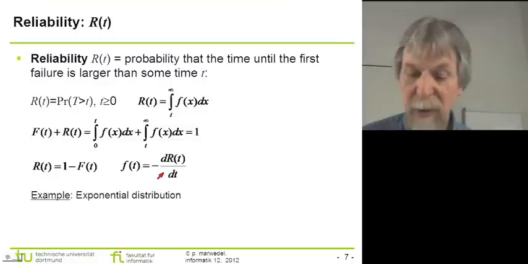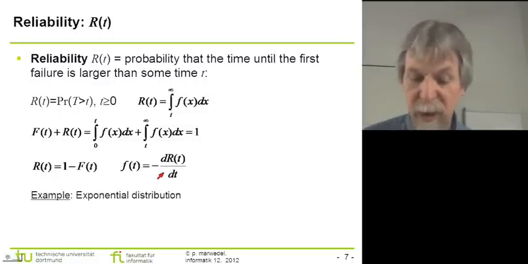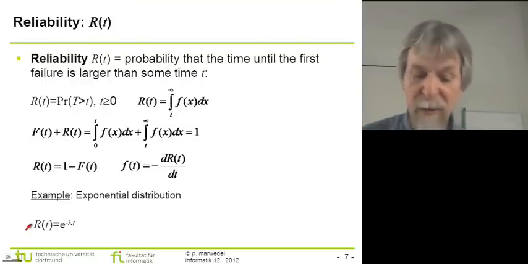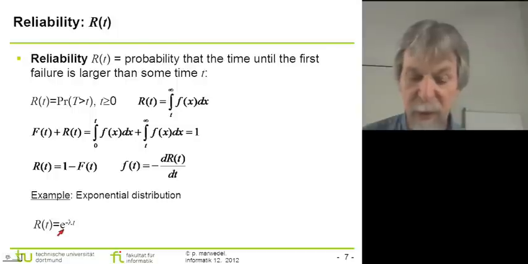Again, we can demonstrate this for the exponential distribution. If we do the calculation for the exponential distribution, we can use the special form of the reliability for that particular distribution. It's e to the power of minus lambda t.